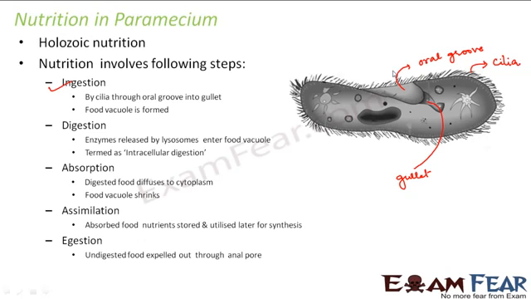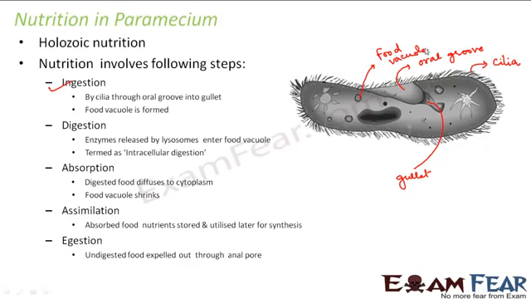This food vacuole will keep on circulating through the cytoplasm in the cell. Suppose this is the food vacuole. This vacuole will lie on the cytoplasm. It will keep circulating through the cytoplasm, because cytoplasm is a fluid-like structure. So it will keep floating and moving from one place to another in the cytoplasm.